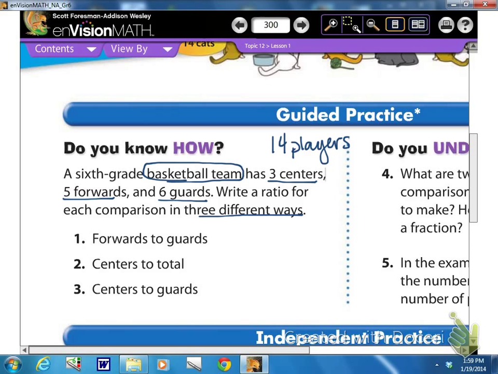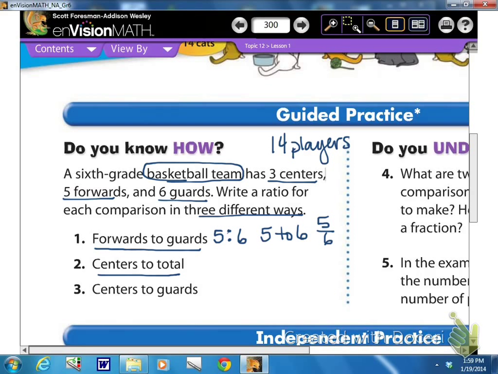So forwards to guards could be written as 5 colon 6, 5 to 6, or 5 over 6. Remember, I write it exactly the order that they ask for it. Number 2, centers to total.